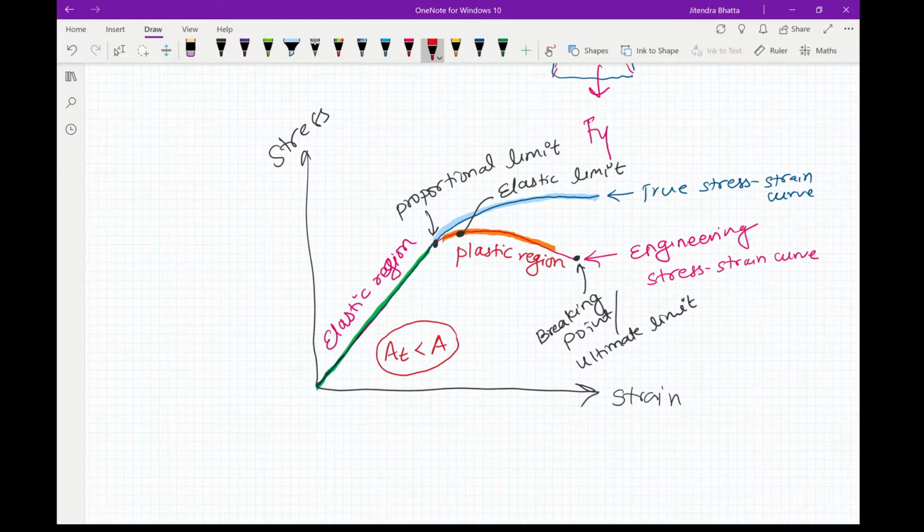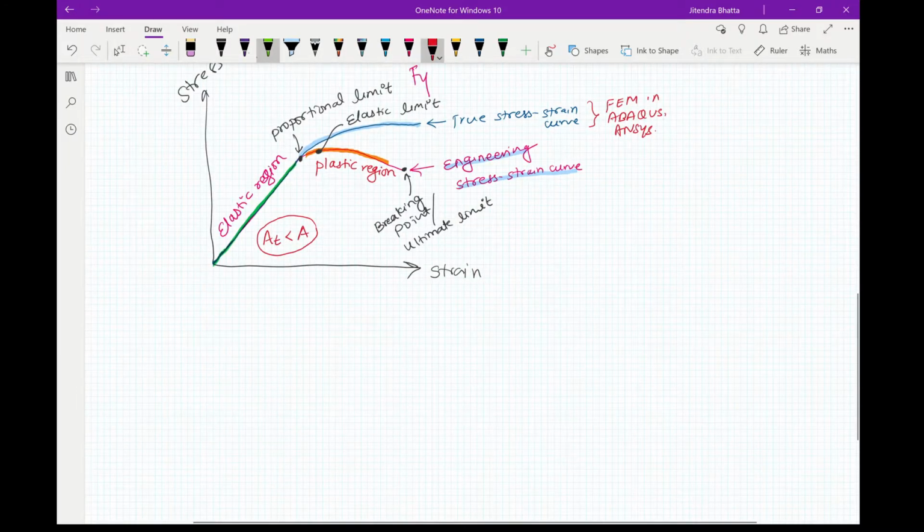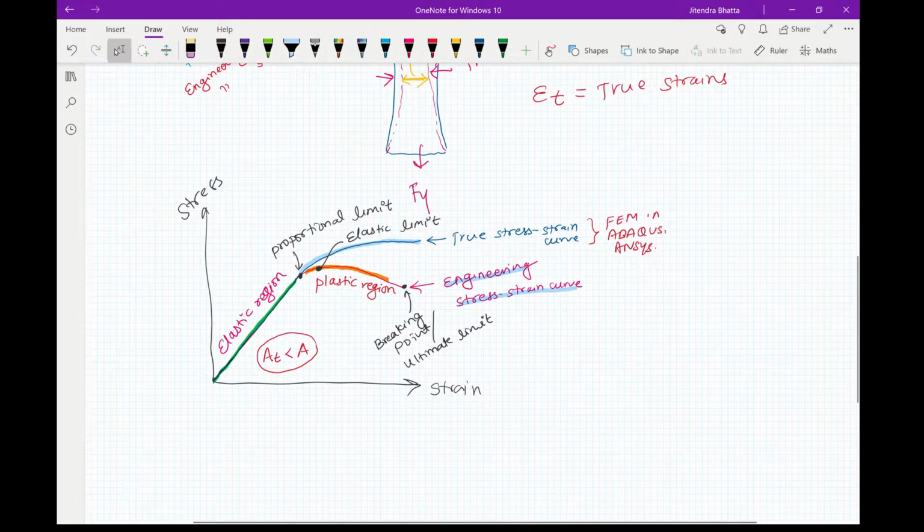Now for designing, we'll generally use the engineering stress strain curve because this is easier to obtain than the true stress strain curve. If you are doing some kind of modeling like finite element modeling in Abaqus or ANSYS, you will probably use the true stress strain curve. The relation between true stress and engineering stress is something like this.